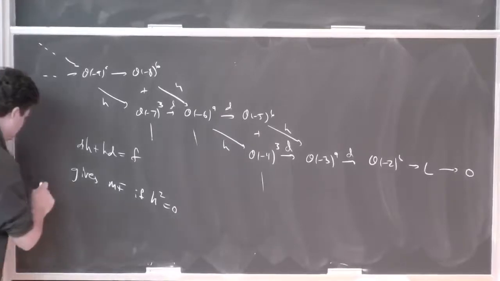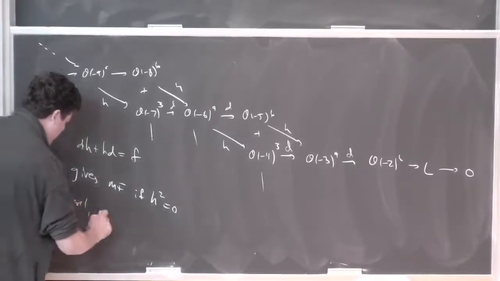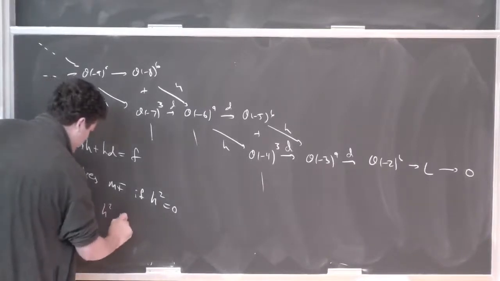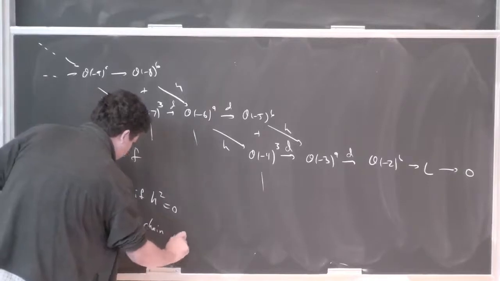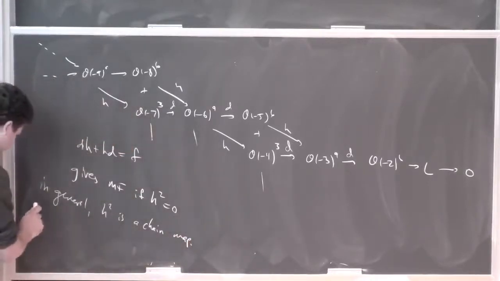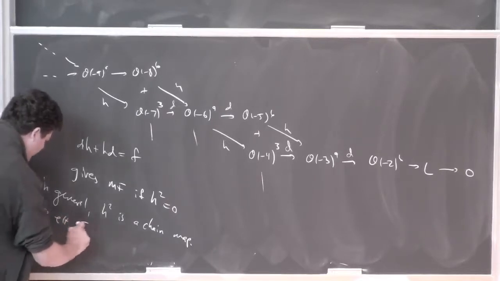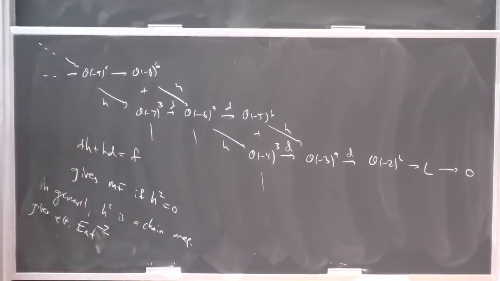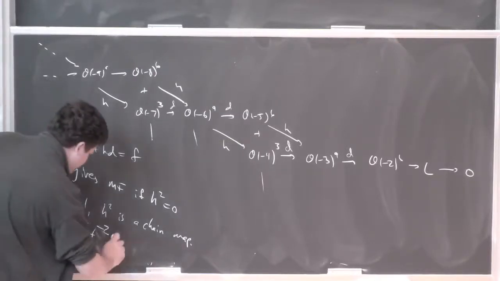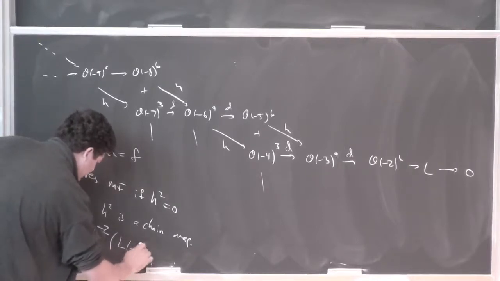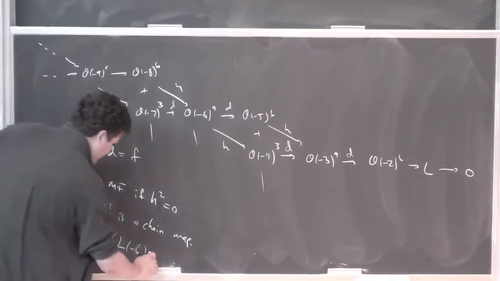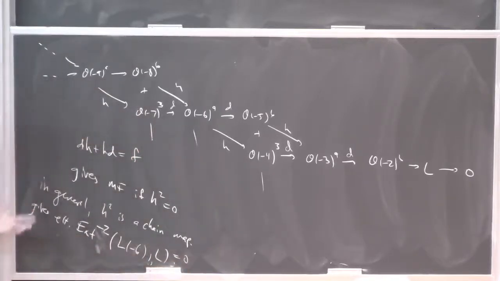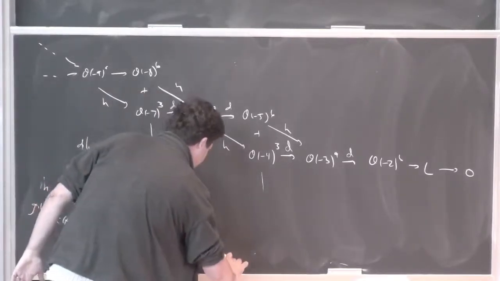But in general, h squared is not 0, but h squared is a chain map, and it gives an element of Ext^-2 of the module with itself, or I guess in this case, of the module associated to L(-6) with L. But of course, there are no negative Exts between modules over a ring, and therefore it's null homotopic.